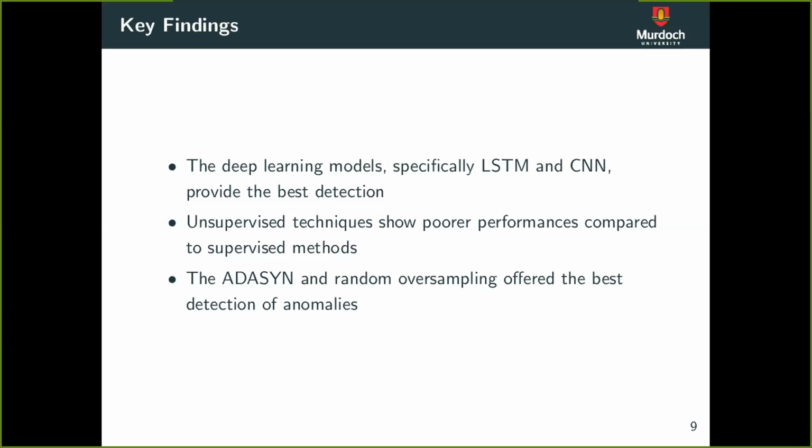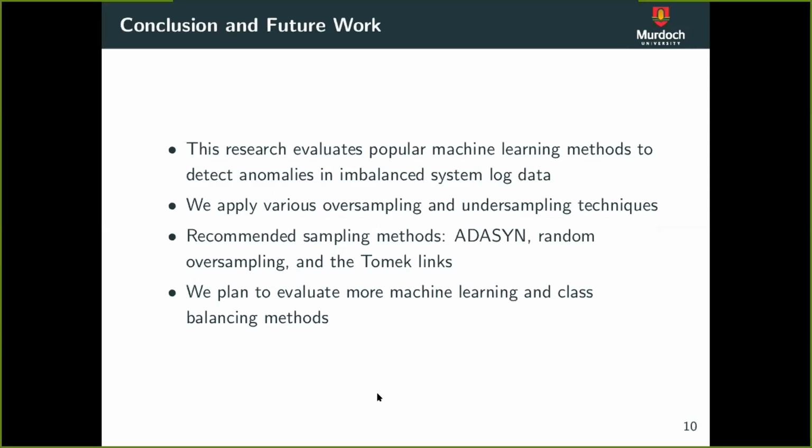So this is the conclusion. This research evaluates popular machine learning methods to detect anomalies in imbalanced system log data. And then we also apply various oversampling and undersampling techniques to address the class balancing issue. Based on our experiments, we recommend sampling methods: for oversampling, ADASYN and random oversampling.